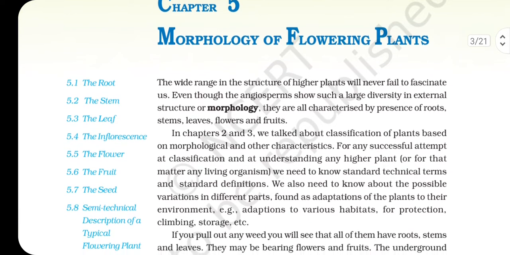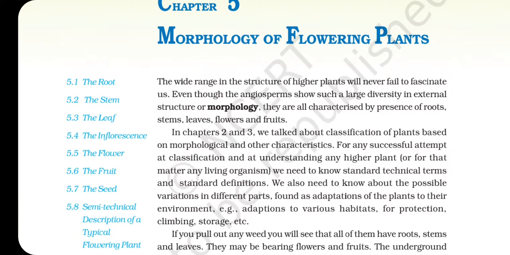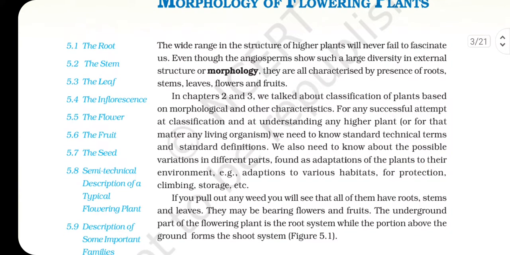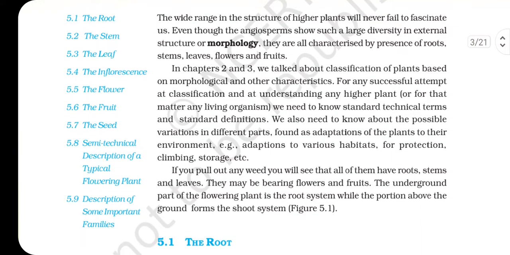For any successful attempt at classification and understanding of any higher plant, or any living organism, we need to know standard technical terms and standard definitions. We also need to know about the possible variation in different parts found as adaptation of the plant to their environment. Example, adaptation to various habitats for protection, climbing, storage.